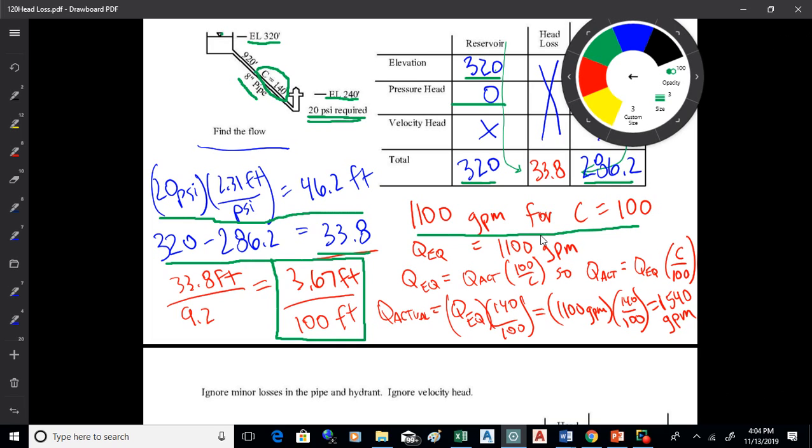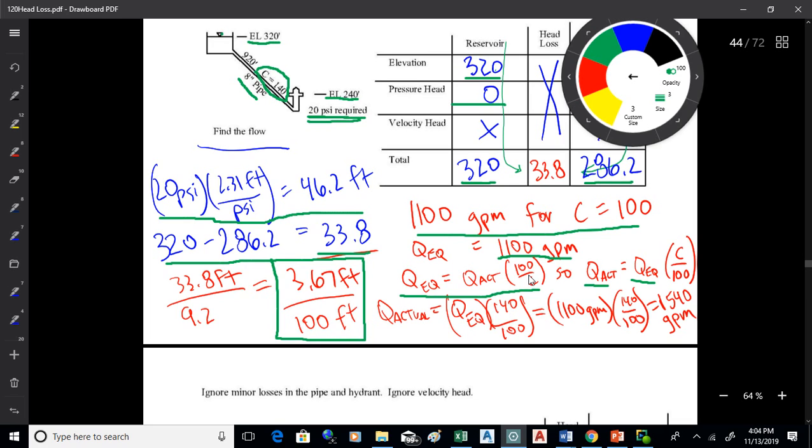Okay, so that's a safe answer, so to speak. Now, that's for C100. If the pipe is smoother, if the C is 140, you'll get more flow through the pipe. So the flow that you use on the table is the equivalent flow. So that's 1,100 gallons per minute equivalent flow. Now we have this formula off the formula sheet that tells us that the equivalent flow is the actual flow times 100 over C. So if we solve that formula for the actual flow, the equivalent flow is then multiplied by C over 100.